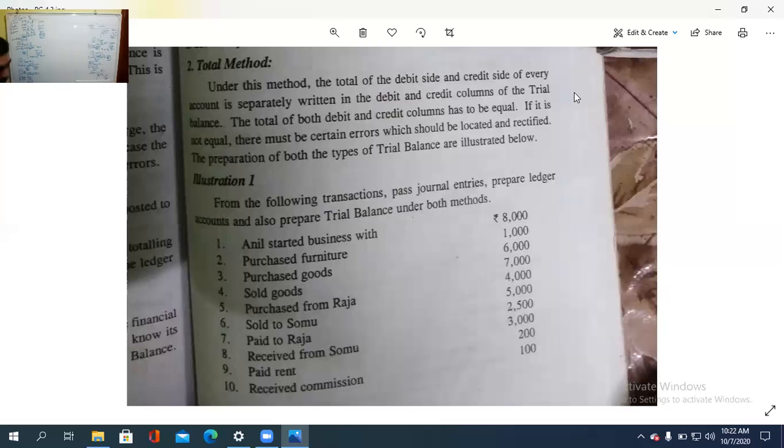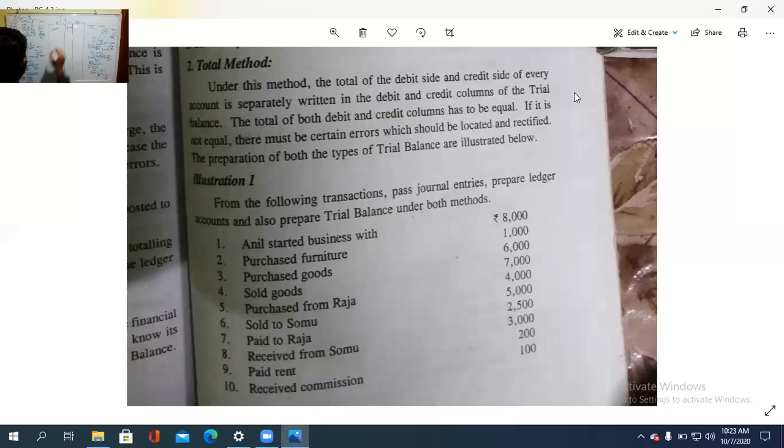So here, see, trial balance, like a T form, okay. This is the debit, this is the credit, and this is the particulars. So cash, how much?